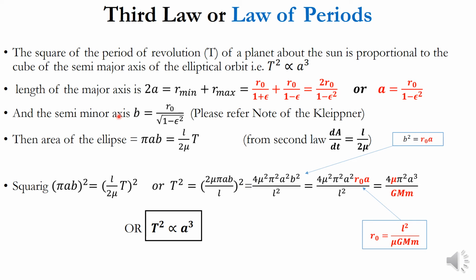And also we can show that the semi-minor axis b is equal to r0 by root of 1 minus epsilon square.